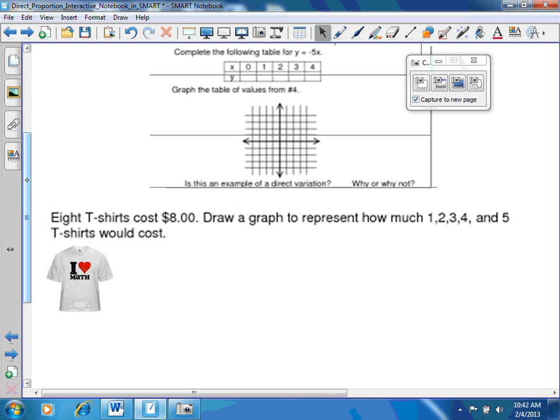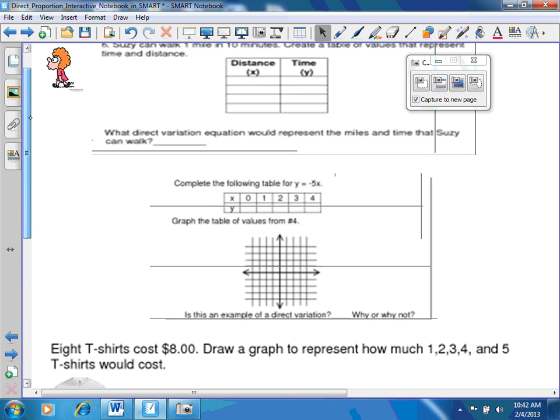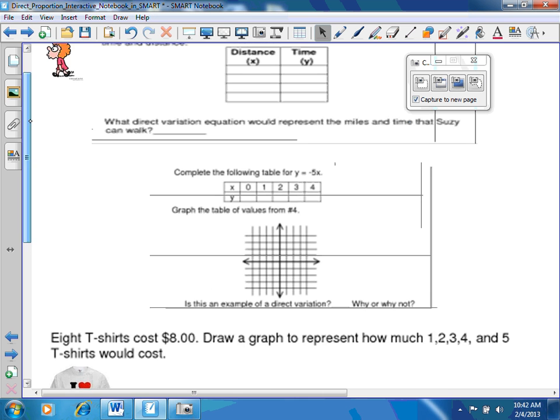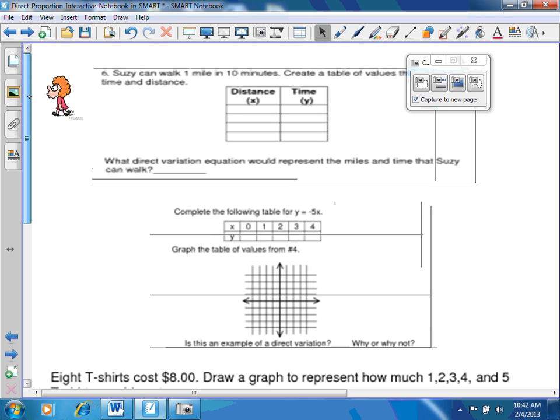So your page should look like mine. Susie at the top of that problem, the t-shirt at the bottom of that problem, and the middle one doesn't have a picture. Okay, those are all the problems.